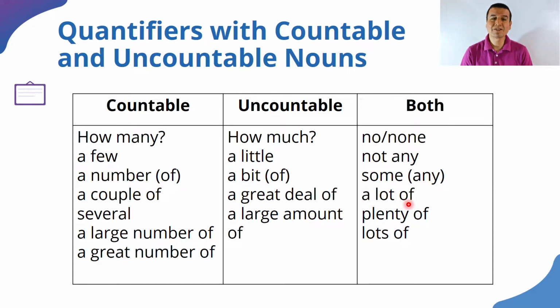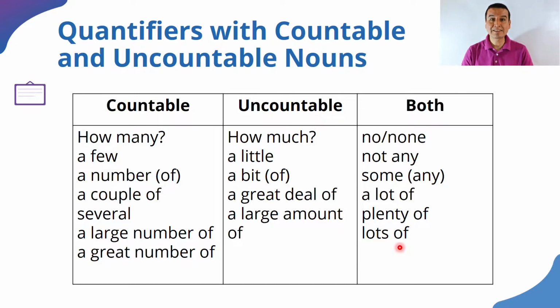I love that one because it is very useful for any situation. I can say a lot of water or a lot of neckties, for example. All right, quantifiable and non-quantifiable nouns, countable and uncountable. Plenty of, which means enough or sufficient. Lots of, which means a lot of that, means many or much of that material. Both countable and uncountable nouns can be used with those expressions.